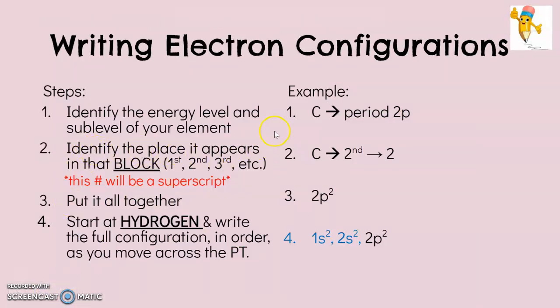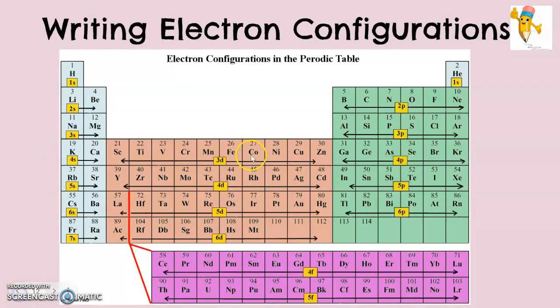Next, we have to identify the place that it appears in that block. So is it first, second, third, etc.? Well, let's go back. So carbon is in 2P. So this is what we're looking at because we're only looking at the P block right now. And carbon is the second element in the second row of P block.